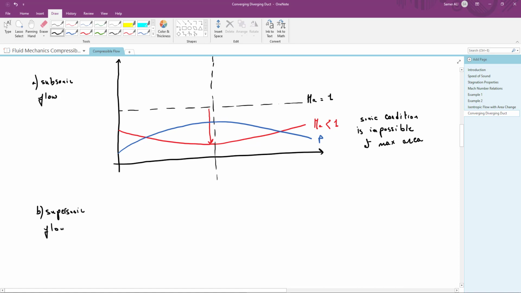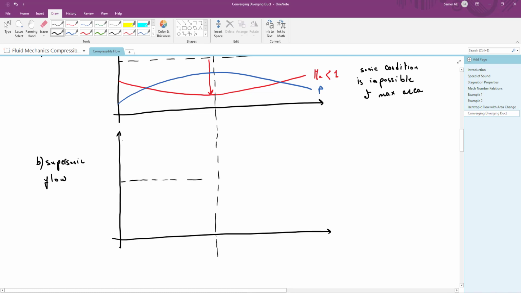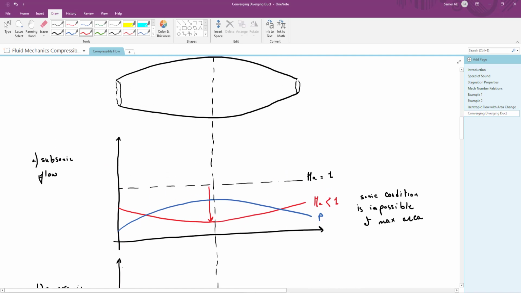Okay, now let's take the case where the flow enters as supersonic flow entering this bulge. So let's draw the Mach number distribution and the pressure distribution. Also, this is the location where the area is maximum, and this is the reference value for Mach number equal to 1. So entering as supersonic flow, we have this diverging part.